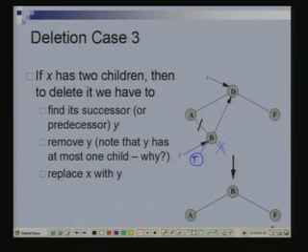So, b has only one child or no child, this need not be there. That is what is being said here. B or y is the same thing, y is the reference and b is the content. Sometimes I am calling it b, sometimes y, but this has at most one child.